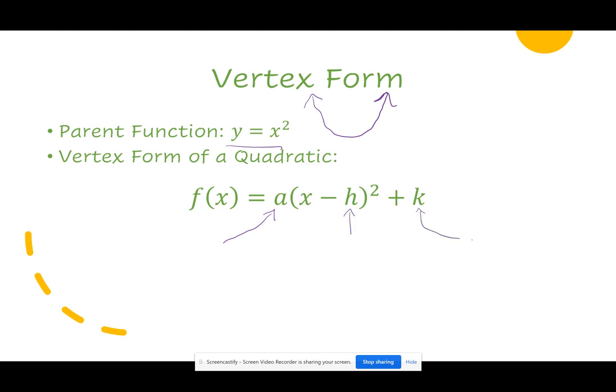So your k is what moves your parabola up or down. So if it's plus 5, it goes up 5. If it's minus 3, it goes down 3. Your h moves it left and right, but it's the opposite sign.